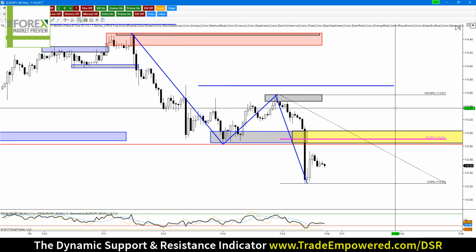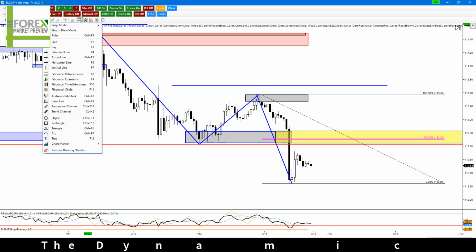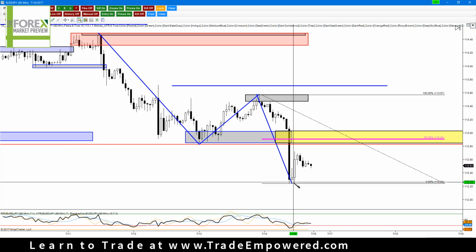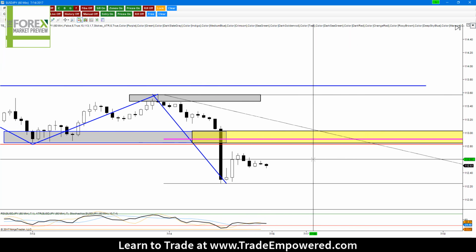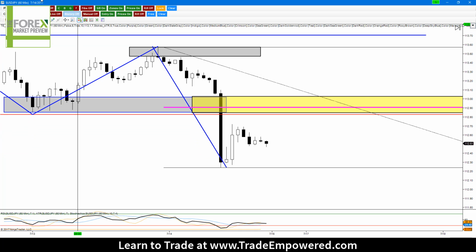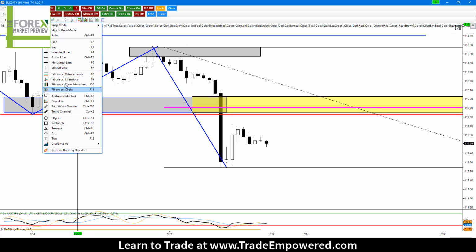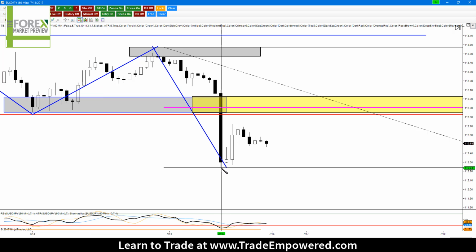Now, what else can I do here? Well, I can take a Fibonacci extension tool. Let me just zoom in a little bit for you guys so you can see this. I'm going to take a Fibonacci extension from my last swing low to swing high, right?